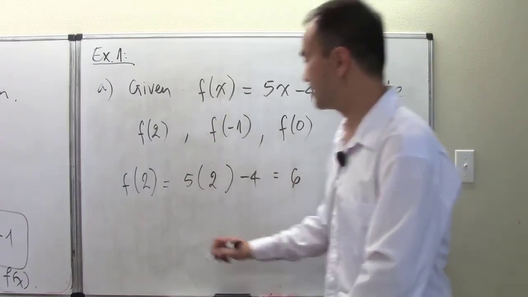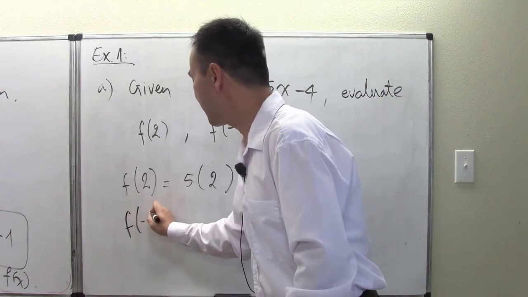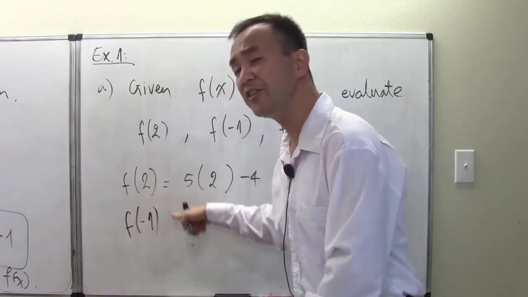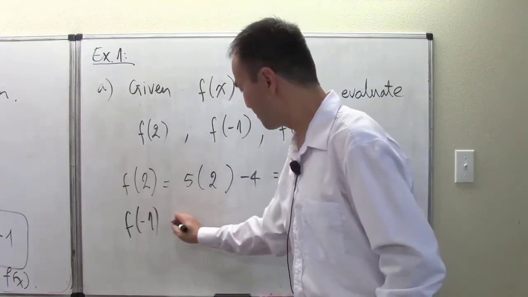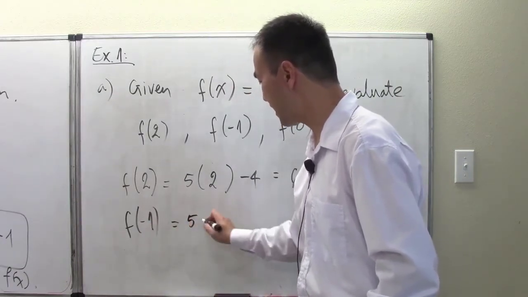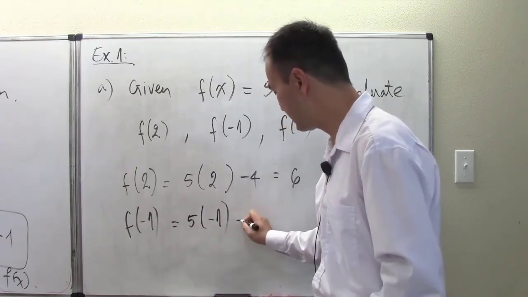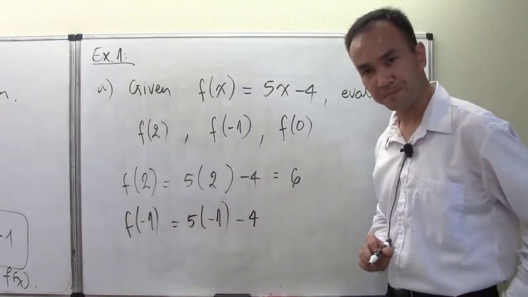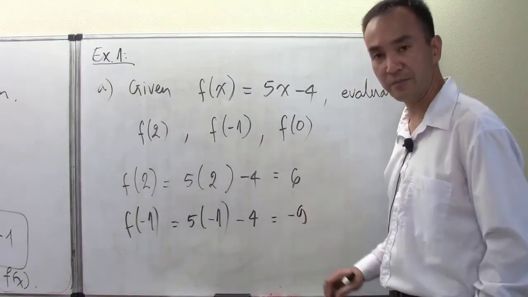The problem also requires us to do f of negative 1. Once we see that indication, we know what to do. The rule says 5 times the input, now substituted by negative 1. So 5 times negative 1 minus 4 gives me negative 9.